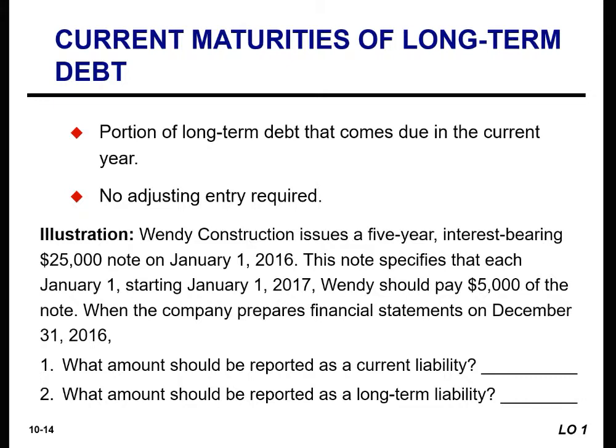Well, on January 1st, 2017, they have a $5,000 payment of that note. So it's $5,000. The remainder of that note, the other $20,000 of it, is long-term, is not due until beyond that 1-year threshold. So the amount reported as the long-term liability is $20,000. The total of the two should equal the complete obligation of what is due for that given point in time.